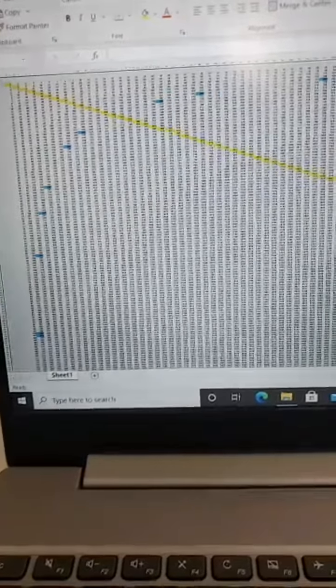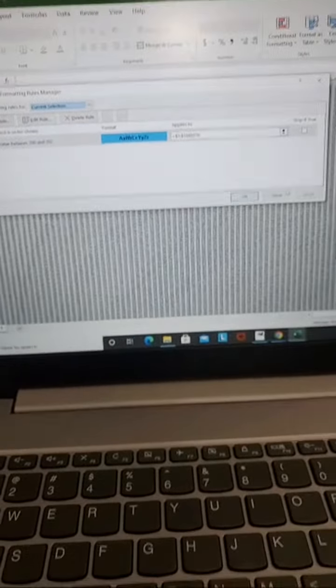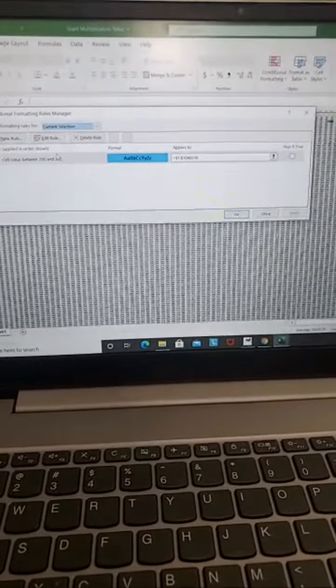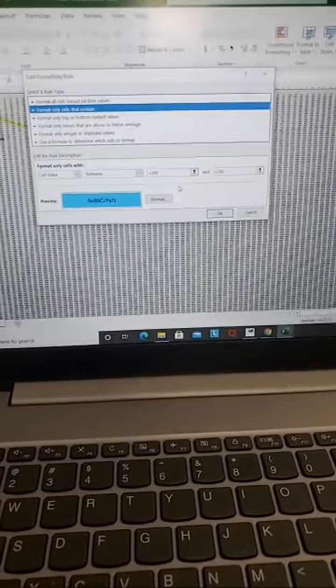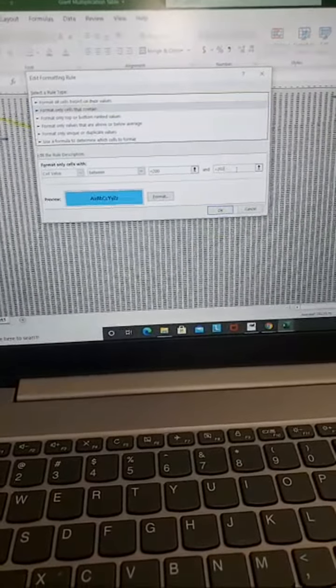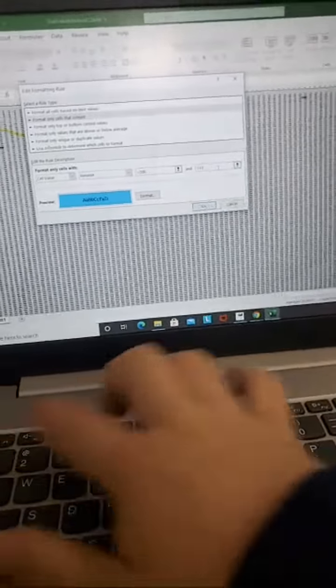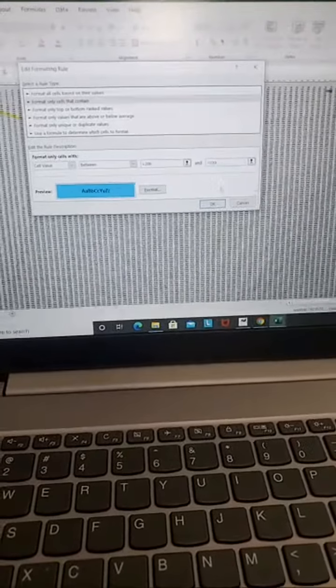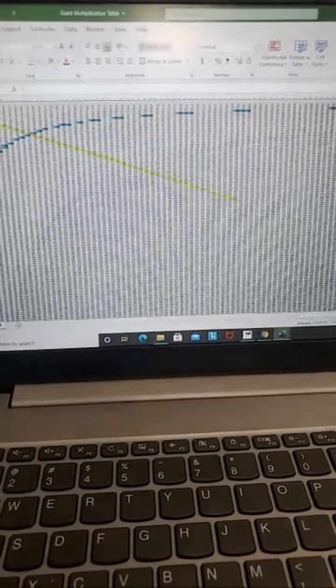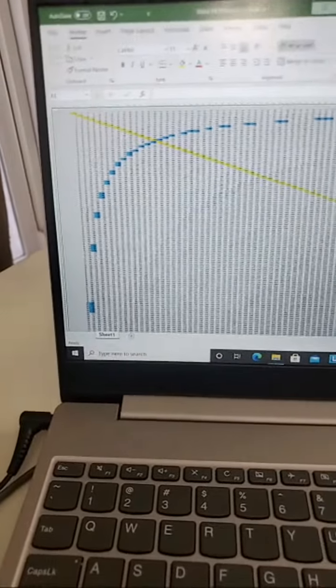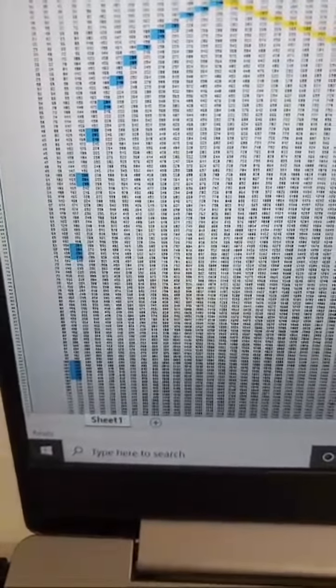Let's go manage rules. Let's do a new rule. Let's say it's between 200 and 210. I don't know, let's just see what happens. Okay, now you can more clearly see that. All right, what is going on there? Does anyone know? This is just a grid of numbers.